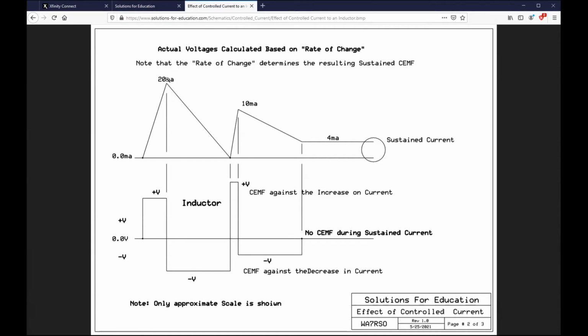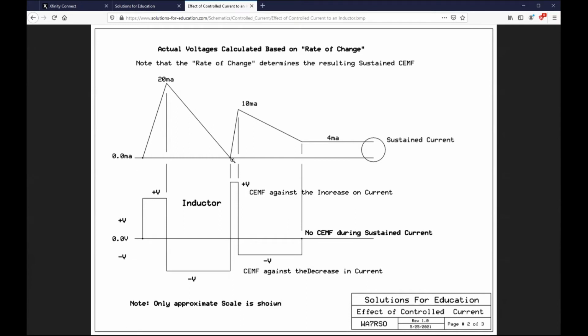So as the magnetic field collapses here, the inductor will produce a voltage in the direction to assist current flow. The inductor will try to make this current keep going. And so therefore it produces an opposite voltage. And if I had scaled this right, it may be just a tad less right in there. Do you see that? So this is not necessarily to scale, but it is to illustrate a point.